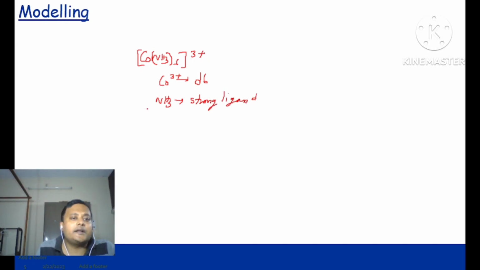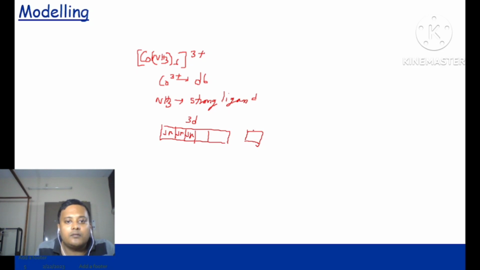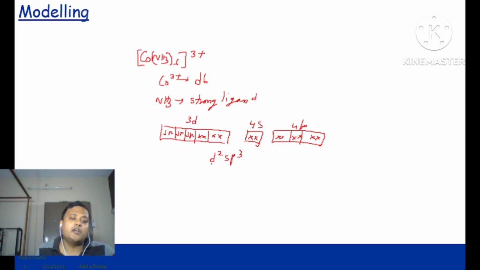In that case we need six boxes. So d2sp3, an inner d complex, octahedral, because it uses 3d orbitals for hybridization.